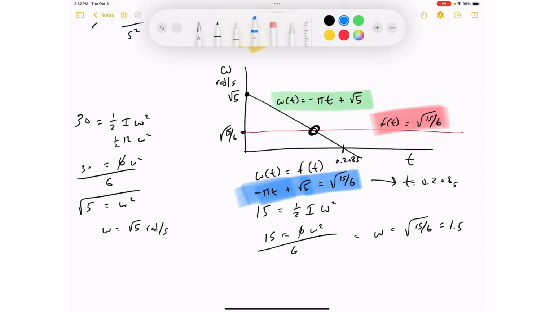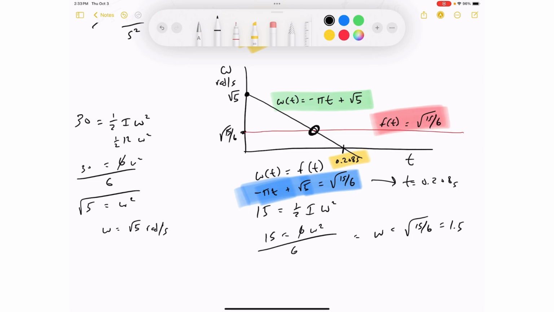Let's just highlight that, make it yellow because why not? Okay, and that's basically it. So in about 0.2 of a second after this thing starts decelerating, this wheel is going to go from 30 joules of energy to 15 joules of energy.